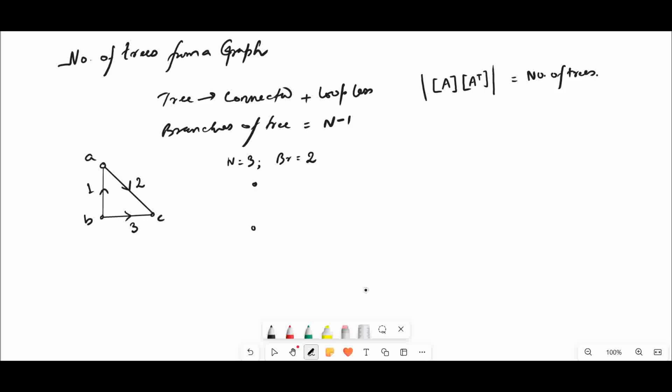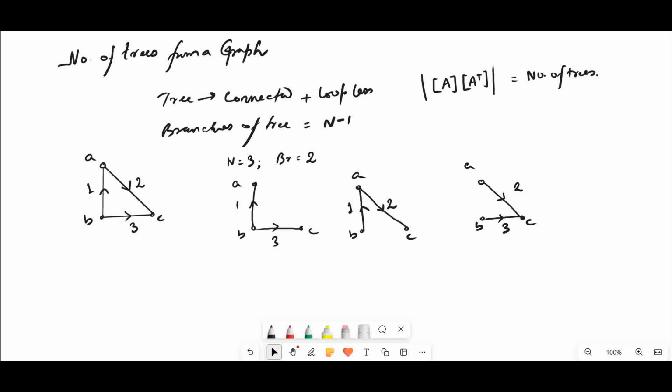So one tree can be like this, where we have branches 1 and 3, with nodes A, B, C. The second tree could be like this, with branches 1 and 2, A, B, and C. And the third tree could be like this, A, B, C, with branches 2 and 3.